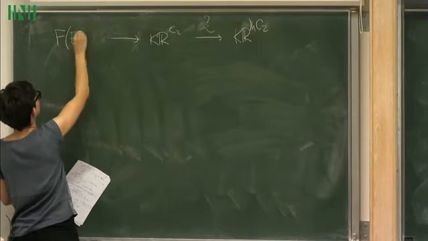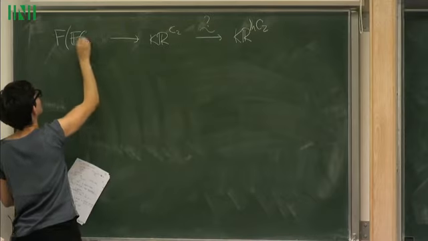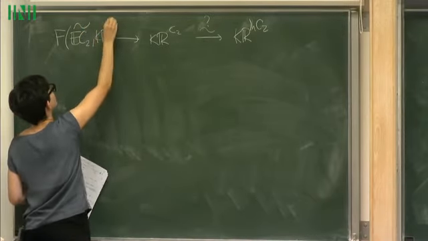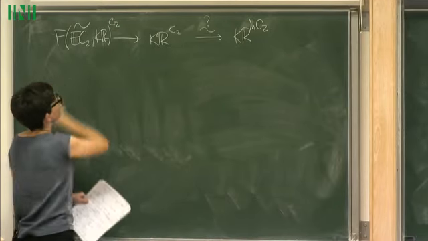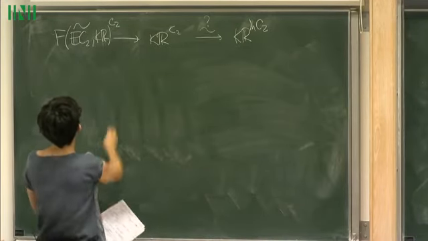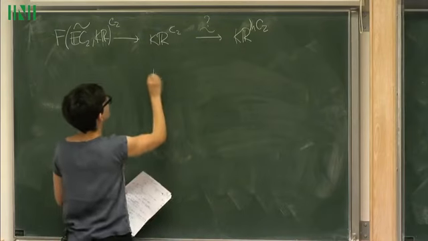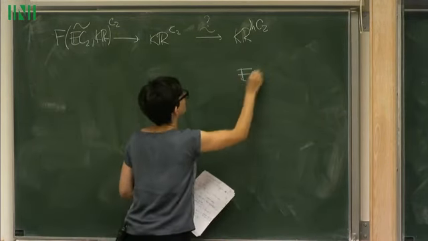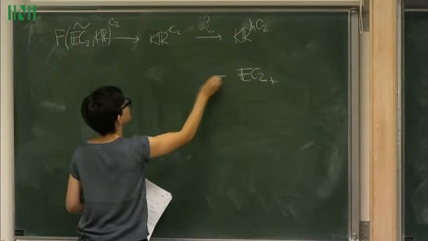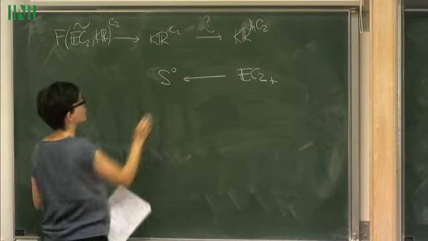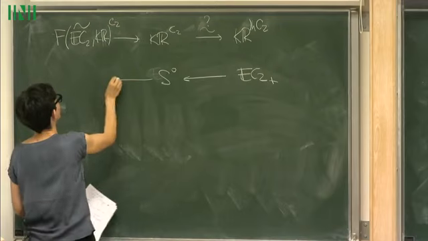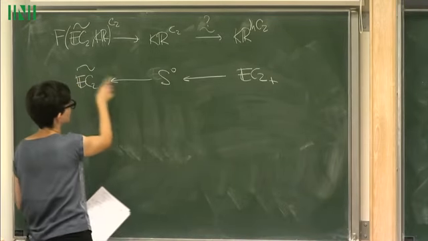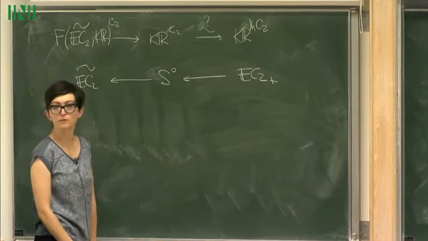The fiber is going to be the equivariant maps from this EC2 tilde guy. And so what's EC2 tilde? Here we map from EC2 plus. Here we go to the sphere. EC2 tilde is the cofiber of this by definition.